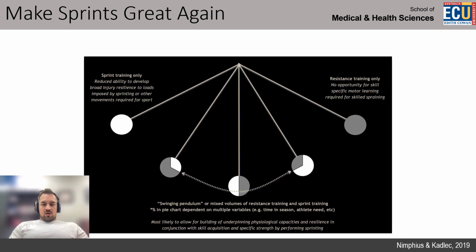So putting this all into context on what methods to use in order to increase our sprinting performance, although I think our justification for or against certain methods, in this example, resistance training only versus sprinting only, will always be a context-dependent continuum, and the answer most likely isn't either or.